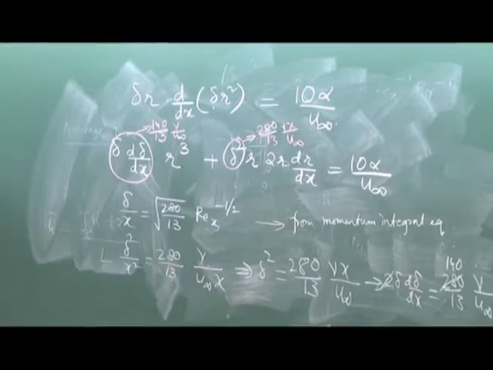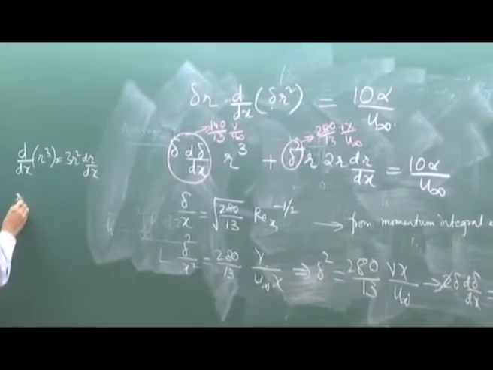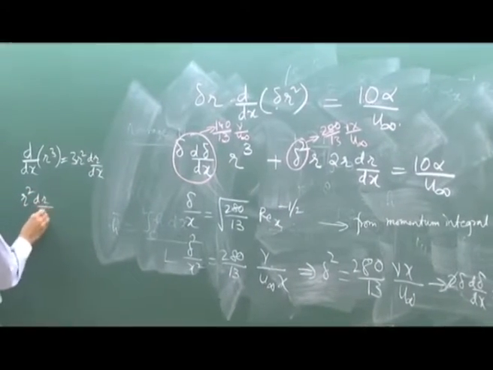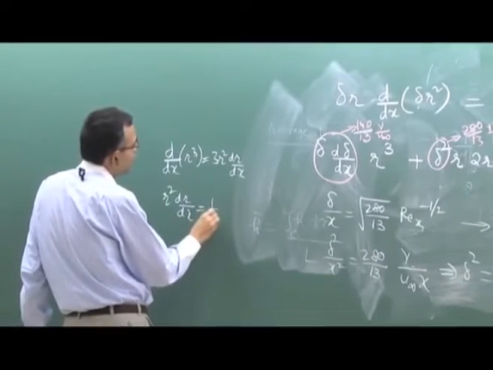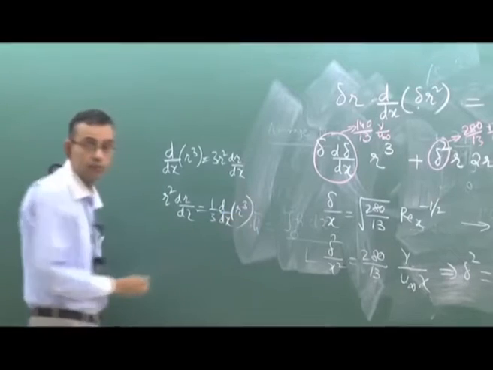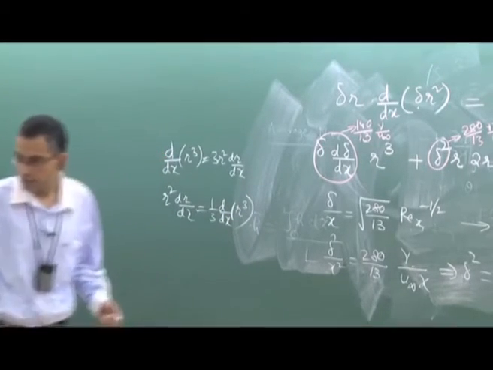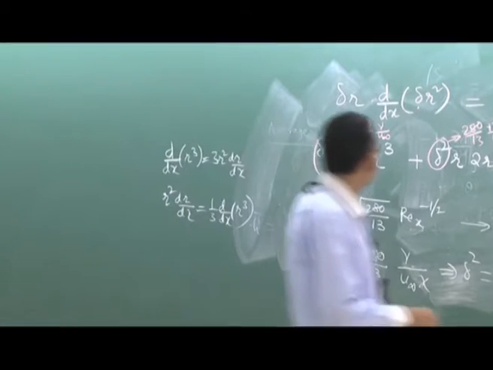So what is d dx of r cube? 3r squared dr dx. So in place of r squared dr dx we can write 1 by 3 d dx of r cube, right. So let us move on to the next step.